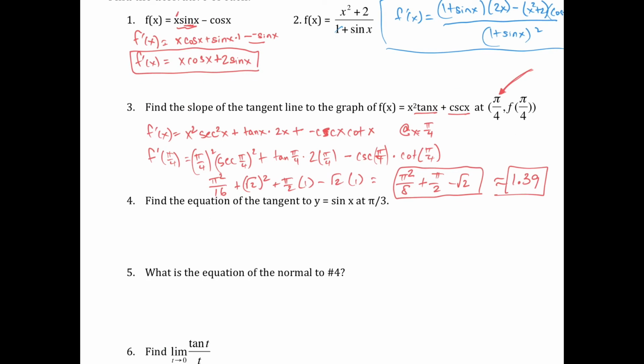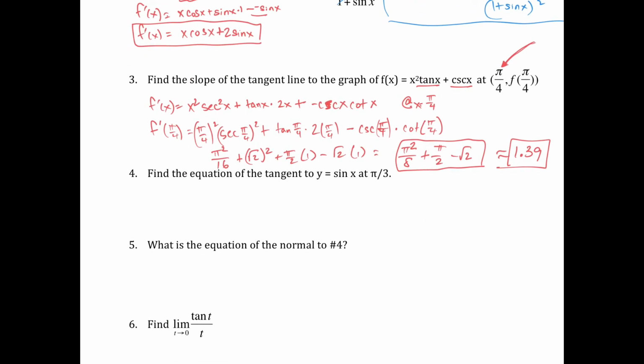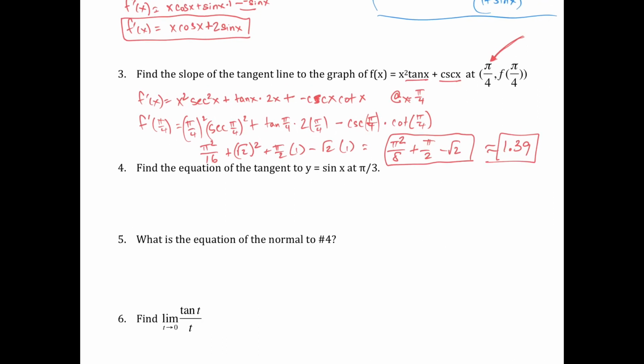Now, find the equation of the tangent line of the tangent to that. So let's go ahead and do this. Remember, on this one we were just finding the slope. So this gave me my slope, right? The derivative is the slope. Over here we have to find the whole equation of the tangent line. So y prime is going to be cosine x, and we need this at pi over 3.